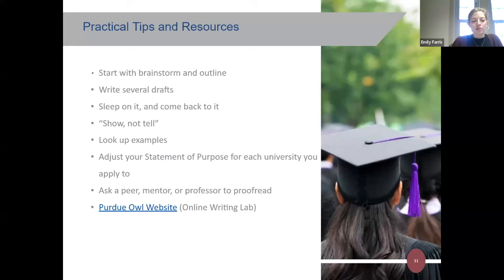Something else that I think is really important that is really evident with this type of writing is the concept of show, not tell. So, not necessarily just saying, I am interested in this program because, but giving examples that demonstrate that more specifically.